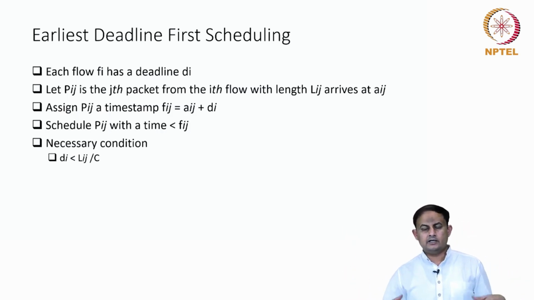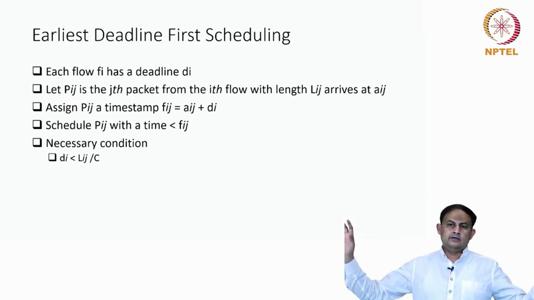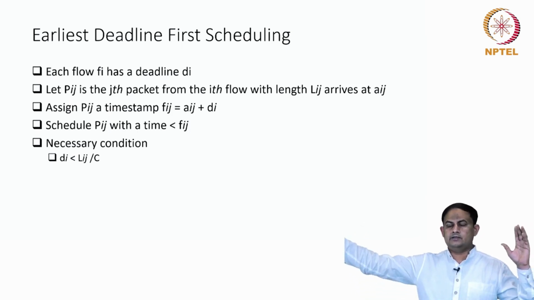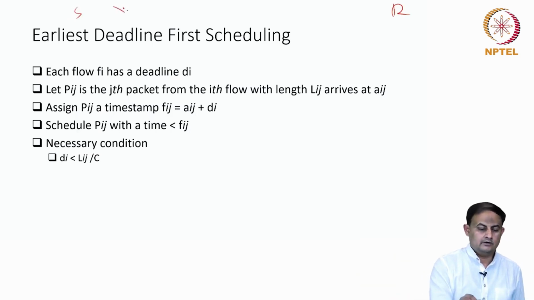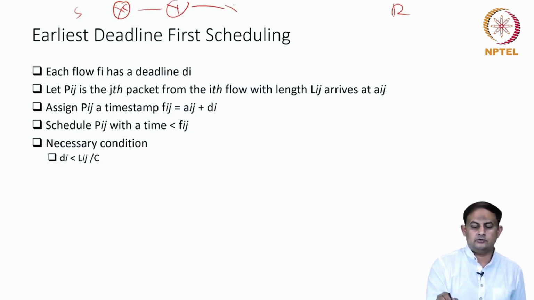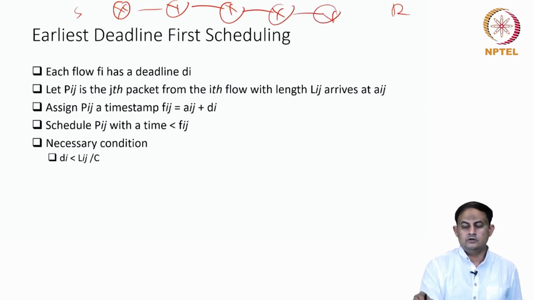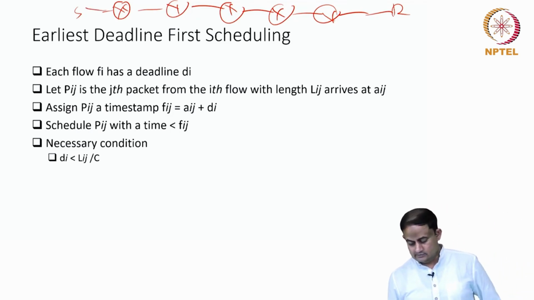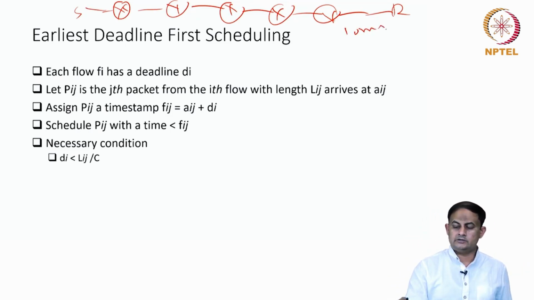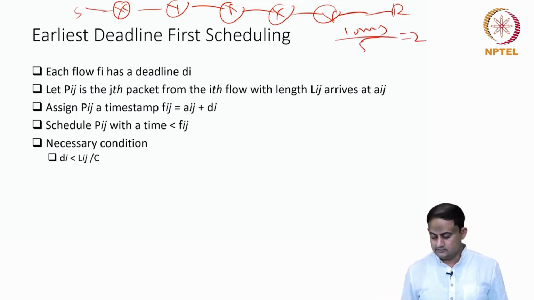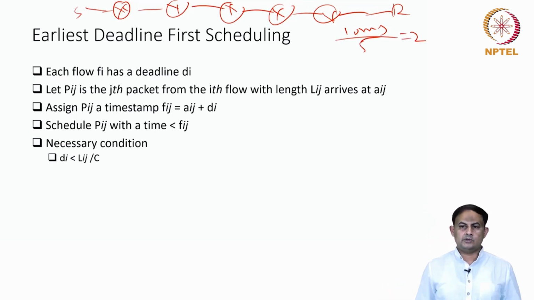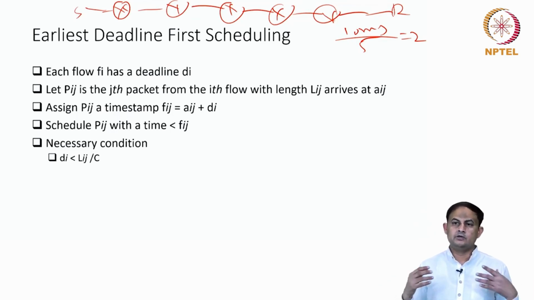Particularly, if you can recollect your earlier discussion, the audio traffic has to be delivered at the other end at a certain deadline. Source is here and the receiver R is here, and the packets are going through a bunch of intermediate routers and reaching the receiver R. The end-to-end delay is, let us say, 10 milliseconds, and the number of routers in between is, in this case, 5, and at each router the maximum amount of time that it can spend turns out to be 2 milliseconds.